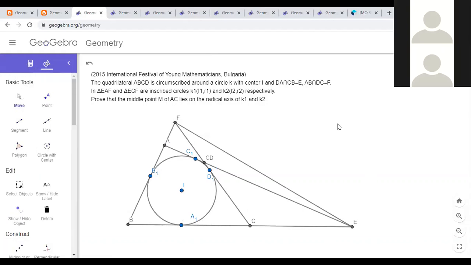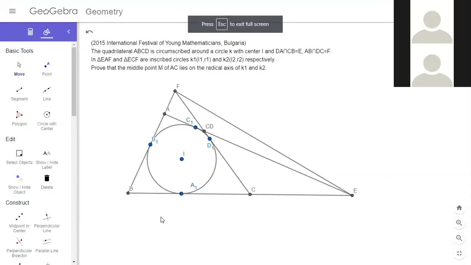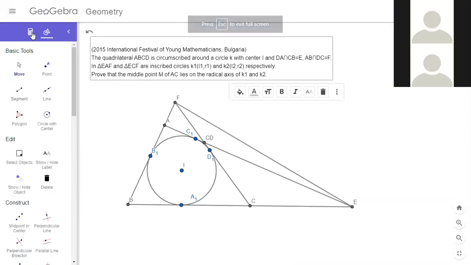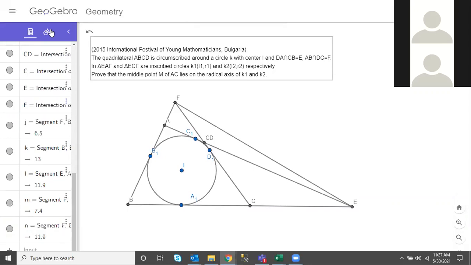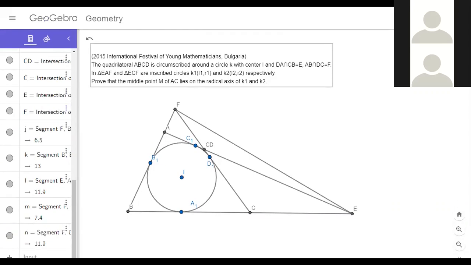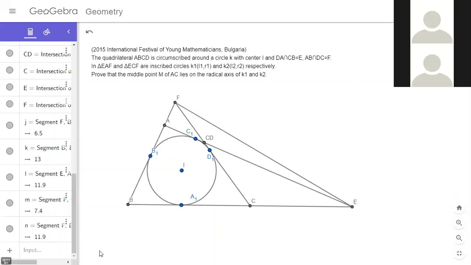Hold on just a sec. I think I forgot to maximize. Yes, there we go. Minimize this.